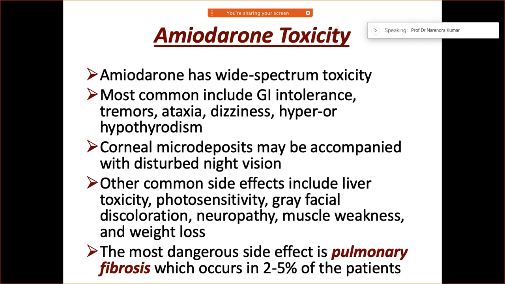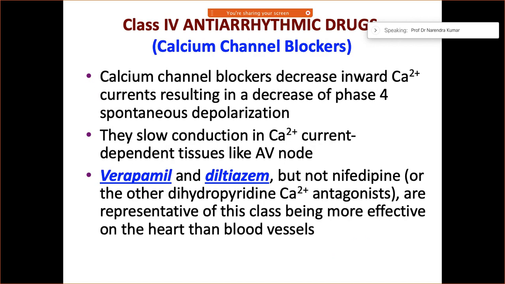The patient may have corneal microdeposits, which may be accompanied by disturbed night vision. Common side effects include liver toxicity, facial discoloration, neuropathy, and muscle weakness. One of the worst side effects is pulmonary fibrosis. So you should also get a pulmonary function test done whenever you suspect that. Okay.